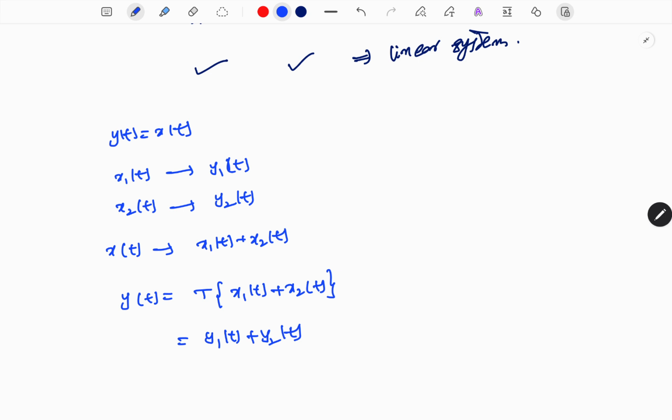This is equation 1. And y of t, while giving the individual inputs, is the transfer function of x1 of t plus the transfer function of x2 of t.